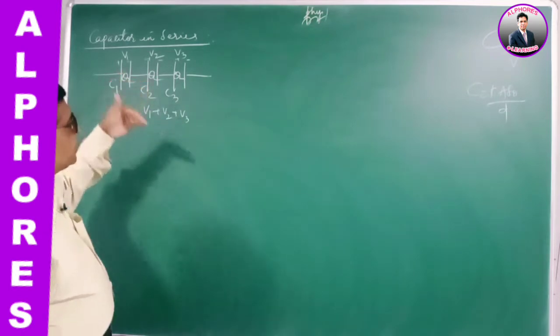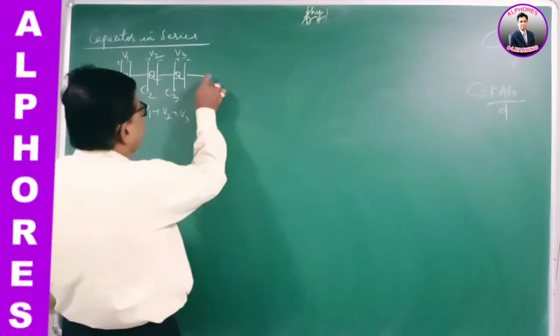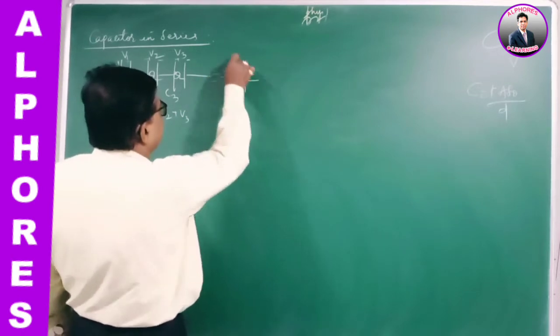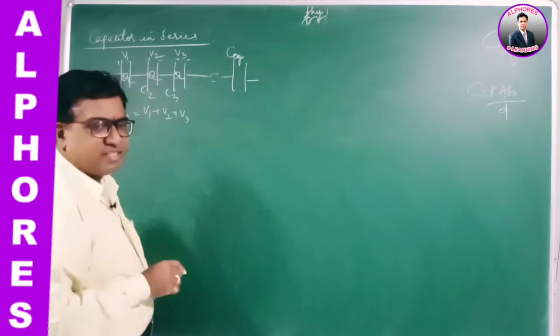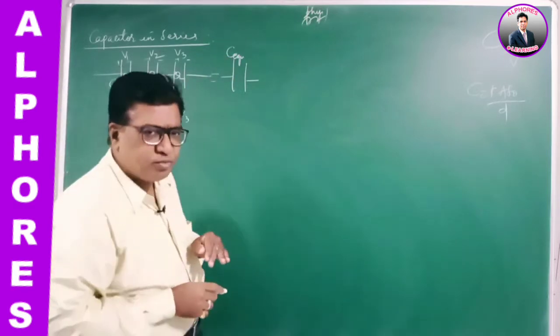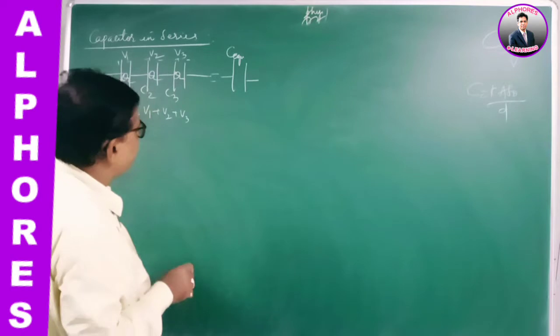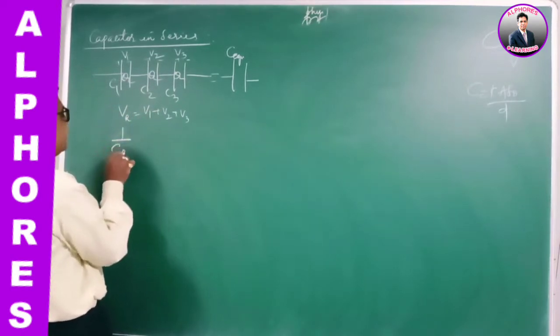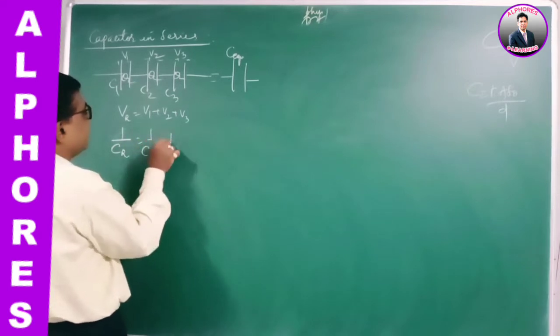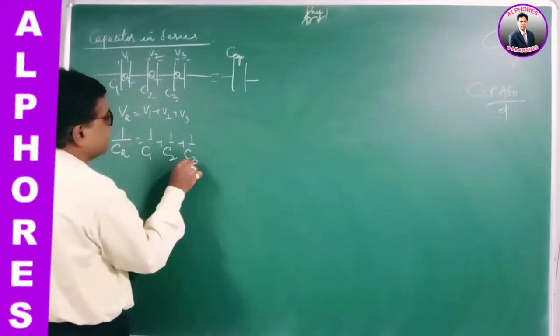Well, applying that, if these three capacitors are equivalent to one capacitor, the equivalent, effective, or resultant capacitance, you can call it whichever way you want. The resultant capacity of these three: 1 by CR is 1 by C1 plus 1 by C2 plus 1 by C3.